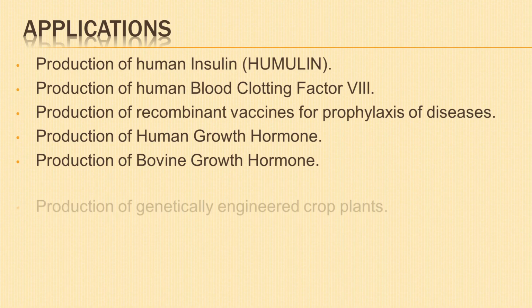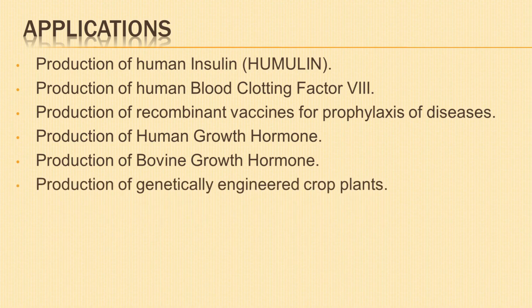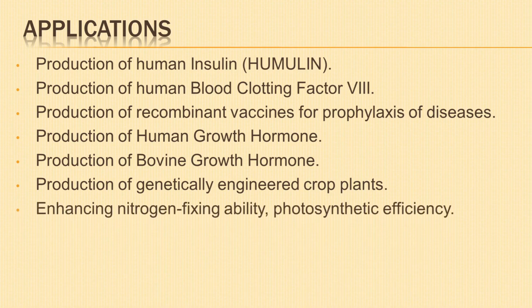Also used to produce genetically engineered crop plants or transgenic plants carrying desirable traits like disease resistance, insect resistance, etc. It is used to enhance nitrogen fixing ability and photosynthetic efficiency.